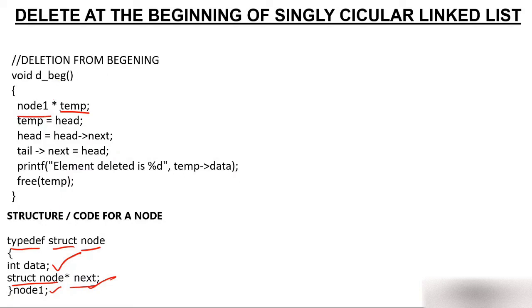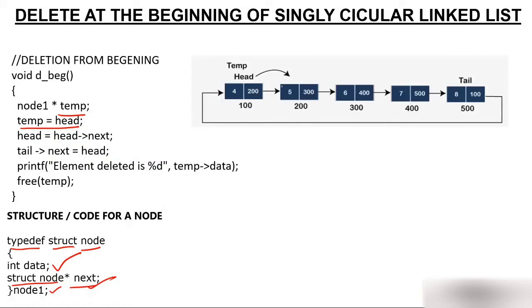So you have created a pointer temp of type node1, and you have initialized temp with head. What is actually taking place? You have a linked list, and you have initialized temp with head. What is there in head? 100. So temp will also come to this point. Now the moment you delete this node, head will move from this place to this place.